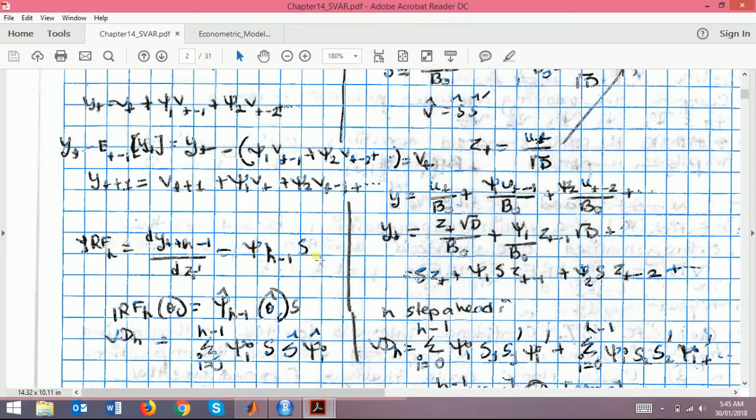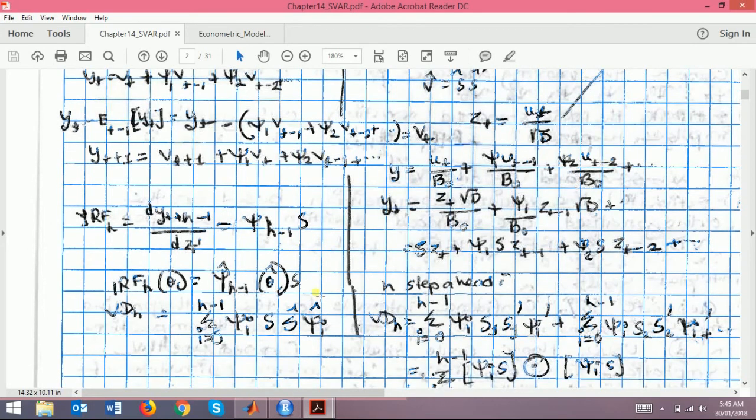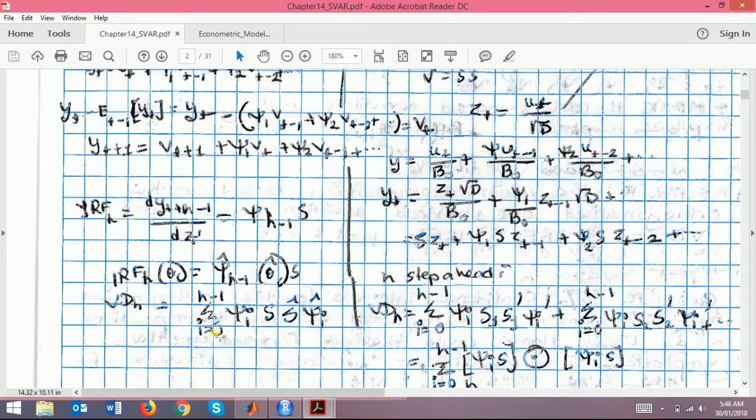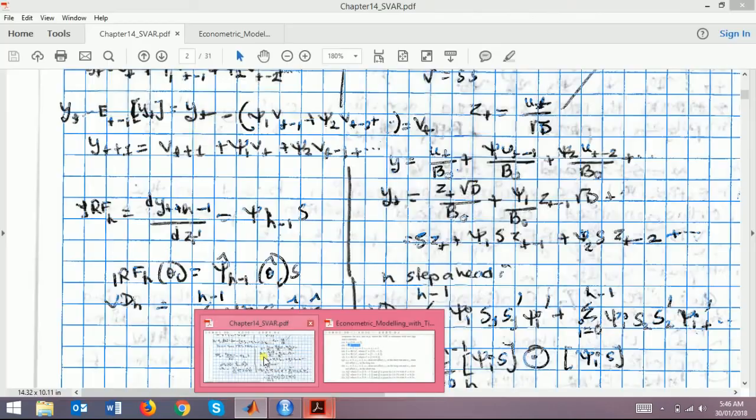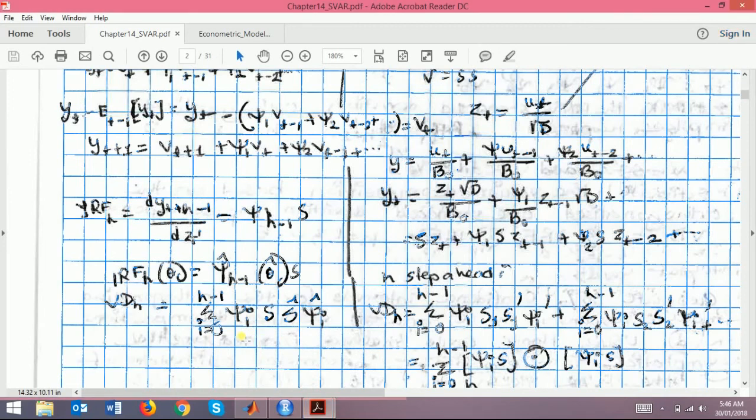Impulse response is psi h minus 1 multiplied to S. That's how we grow. So if I equals 1 to h, then this is 2 to q plus 1, obviously.